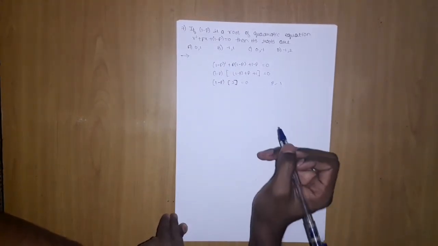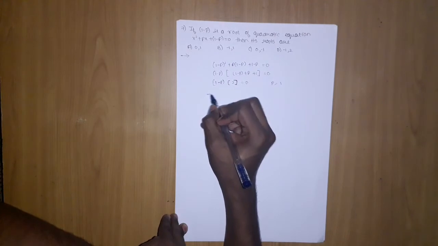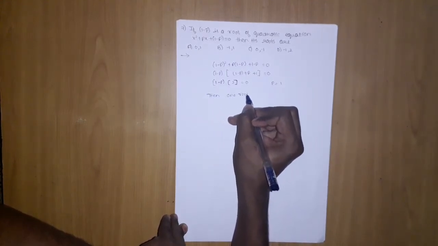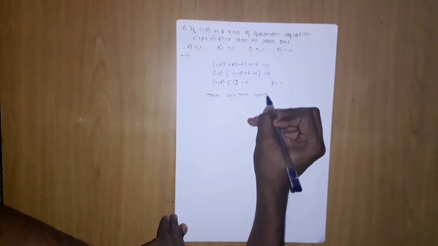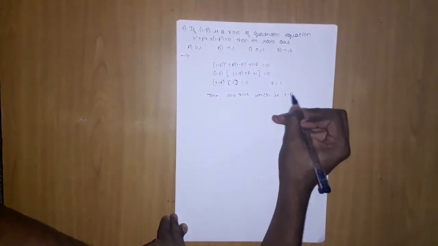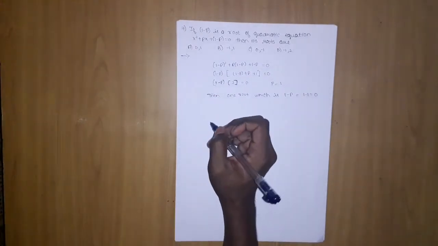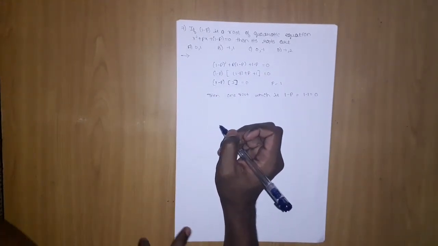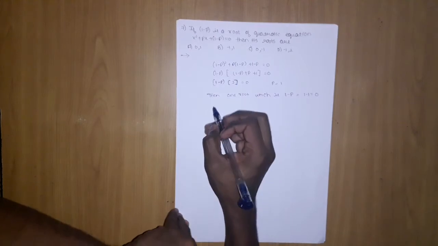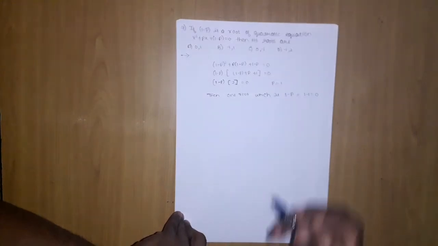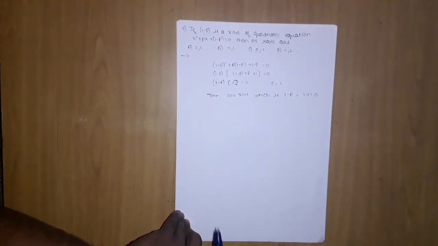If p is equal to 1, then one root, which is 1 minus p, will be 1 minus 1, which is 0, right guys? Next, if I know 0 is its root, I can put the p value.